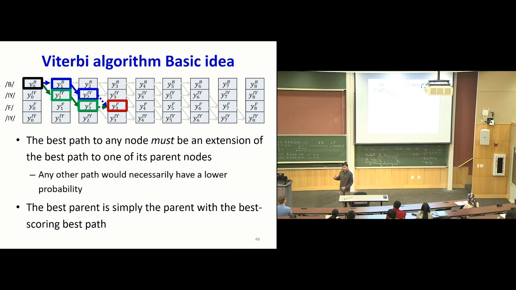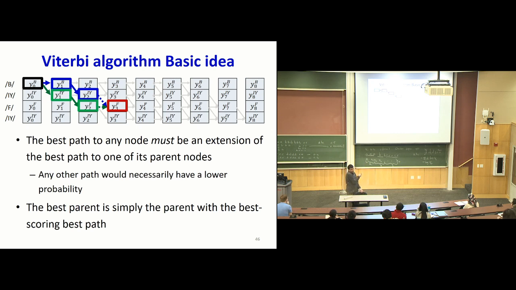So the best path to the red node must be an extension of the best path to the blue node, or an extension of the best path to the green node, because you don't have deeper dependencies in the model. So, make sense to everyone? There are only two ways of arriving at this guy.